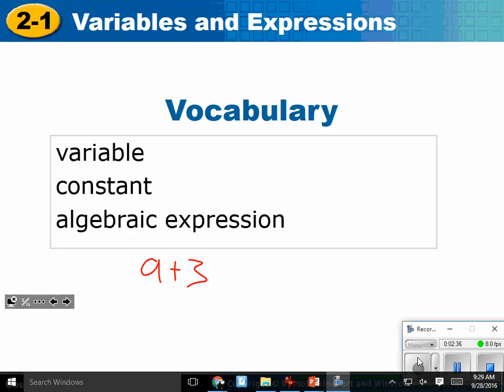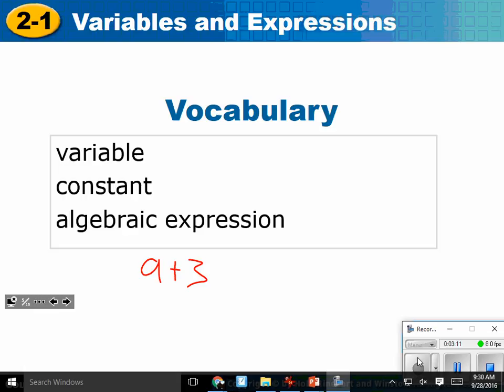What is something here that doesn't change? 3. 3 doesn't change. 3 is always going to be 3. If I have $3 and that $3 sits here on the desk and no one touches it, it's going to be $3 tomorrow. And it's going to be $3 10 years from now. 3 is always 3. It doesn't change.